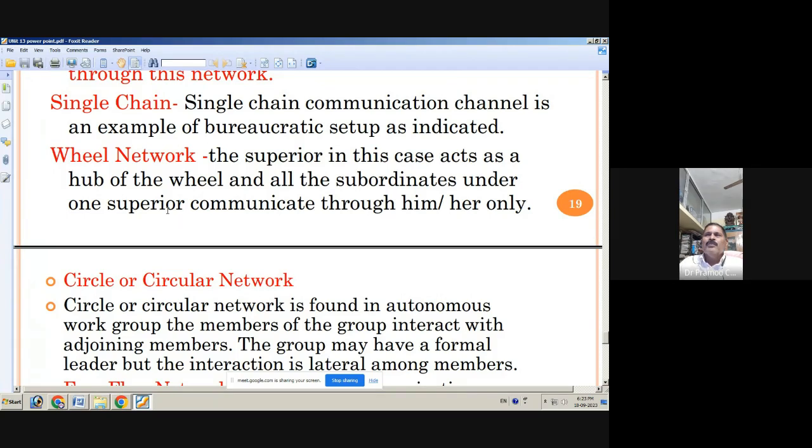All will sit at the table and they can also communicate their thoughts and feelings, because the superior is the boss.